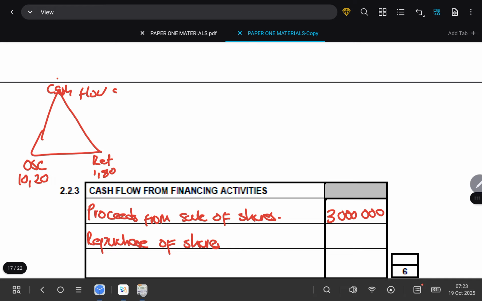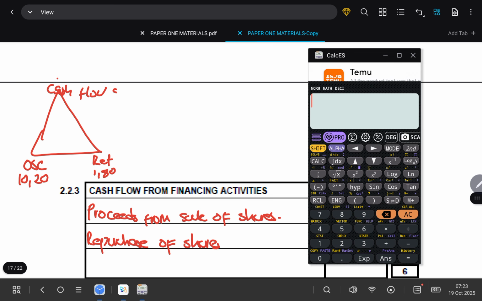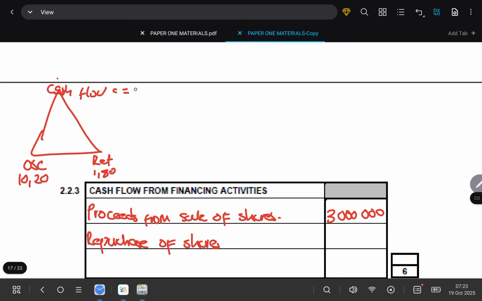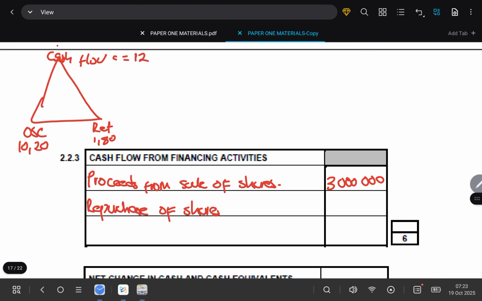If you add the two, 10 rand 20 plus 1 rand 8, it gives you 12 rand. So the total repurchase price is 12 rand. To record that repurchase, we say 95,000 multiply by 12.